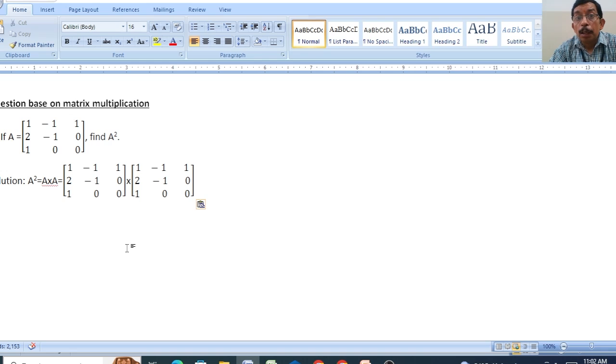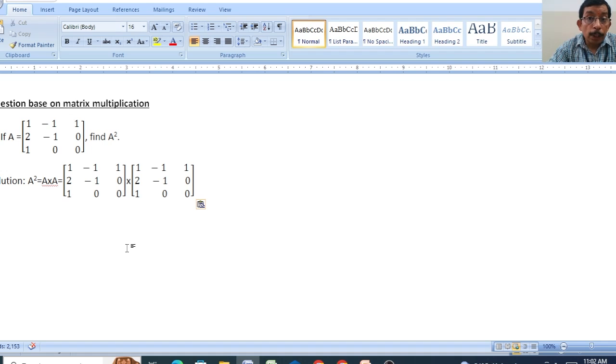What do we get? The first row elements of the new matrix. If the first row is multiplied by the first column, we get the first row, first column value. If the first row is multiplied by the second column, we get the first row, second column element.